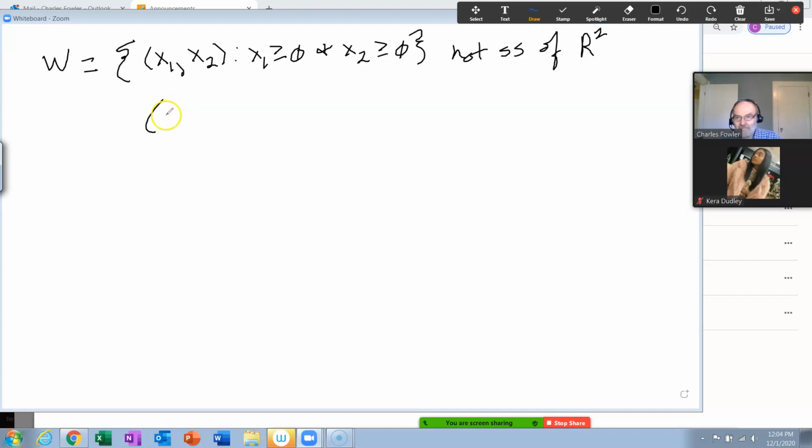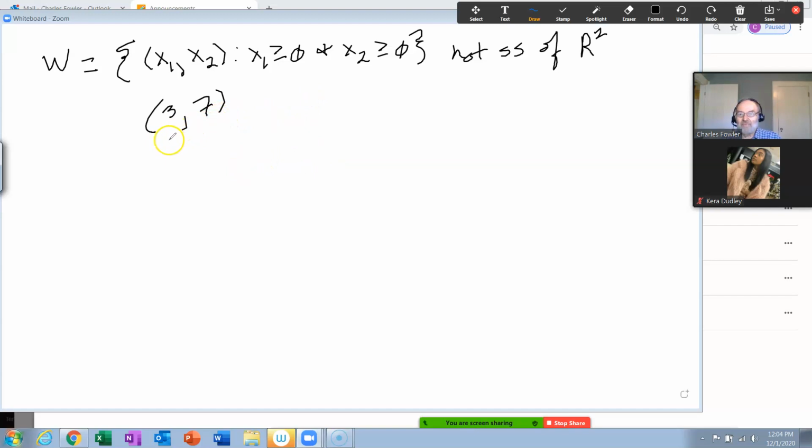How about 3? And another number? How about 7? Just pick two numbers, any numbers. This is obviously in W. Ordered pair 3, 7. 3 is greater than or equal to 0. 7 is greater than or equal to 0. Okay? Now, that's in W.